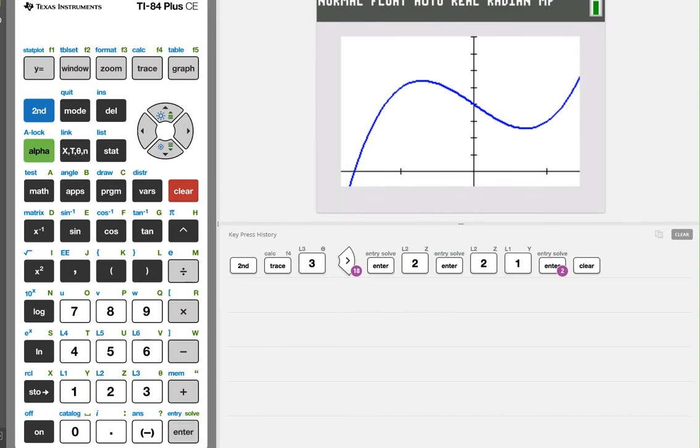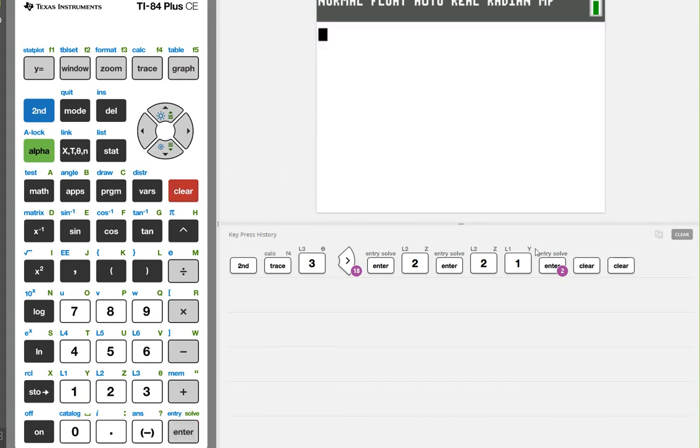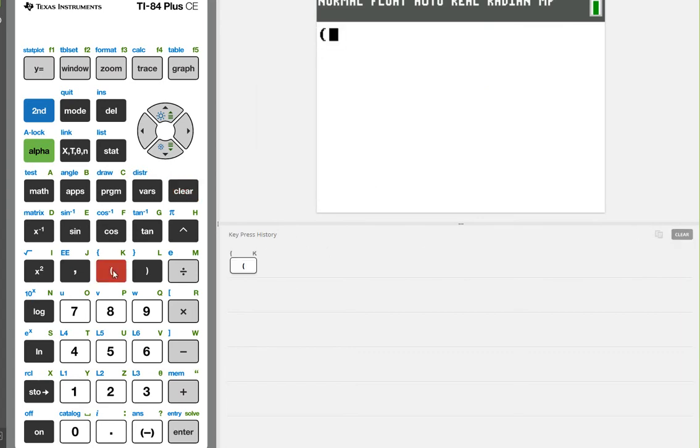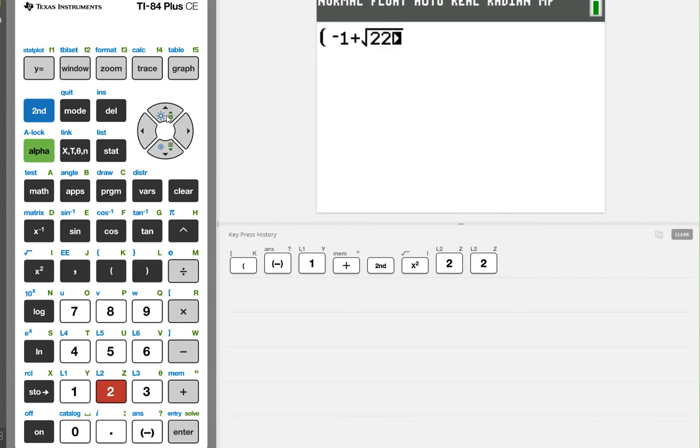So let's clear this out. And then if you're going to do this without being fancy, you type in -1 plus the square root of 22 in parentheses, exit the square root, and then put your right parenthesis divided by 3, and bam.